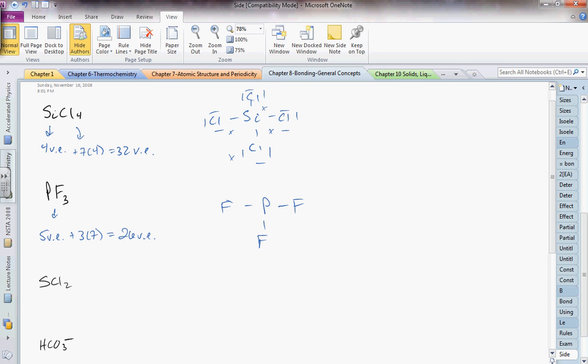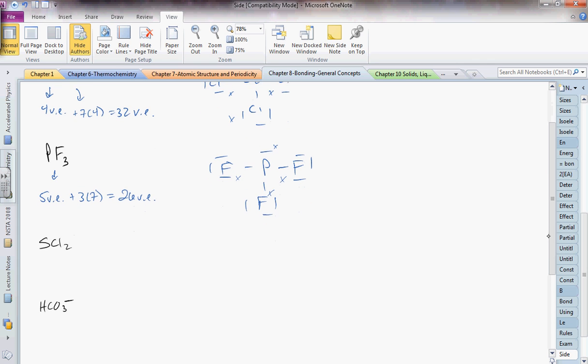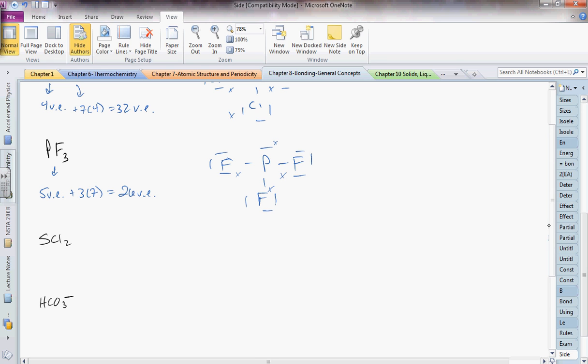So you'll put the phosphorus in the middle, have the halogens radiate around it, and then surround it with lone pairs to fill up the octet. And you count the total number of electrons, and each line is 2. So we would have 8 on this side, 8 more for 16, 8 more for 24, plus 2 is 26, and so that is a valid Lewis structure for PF3.